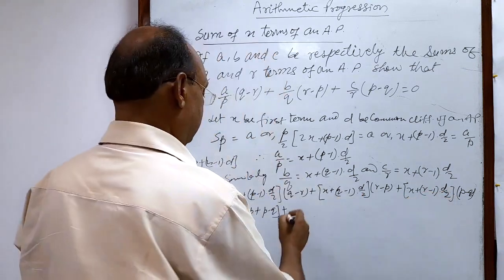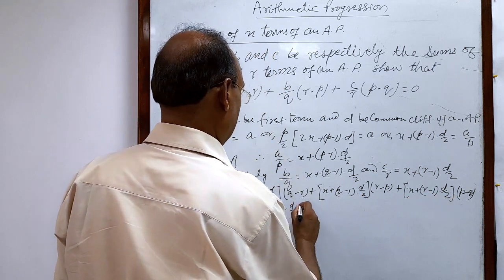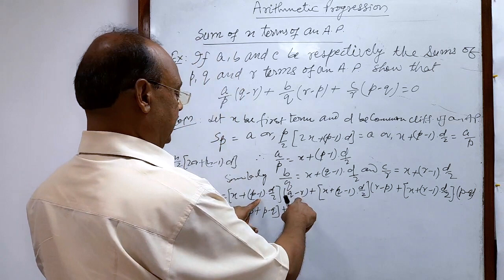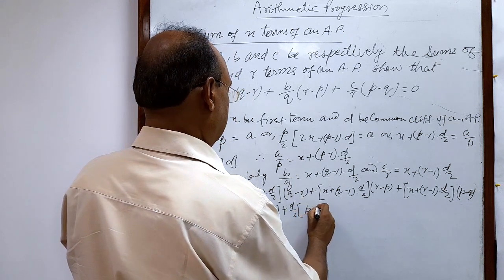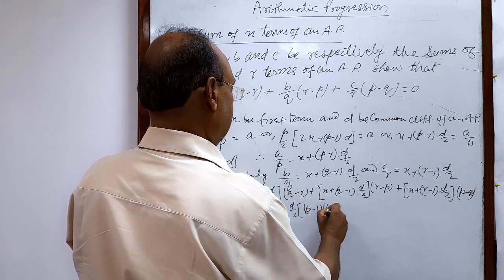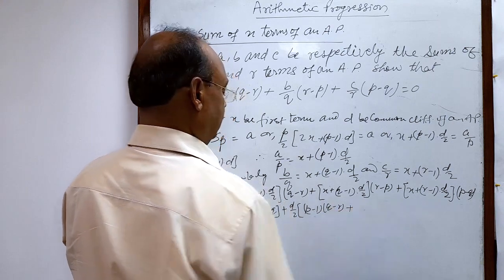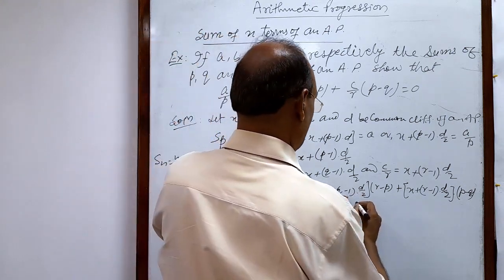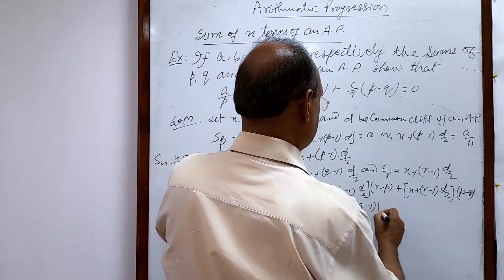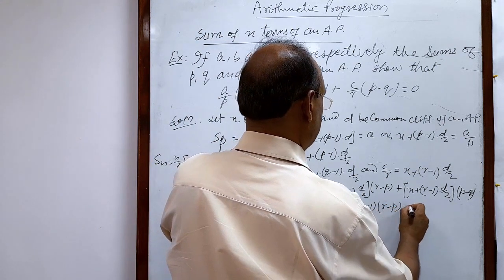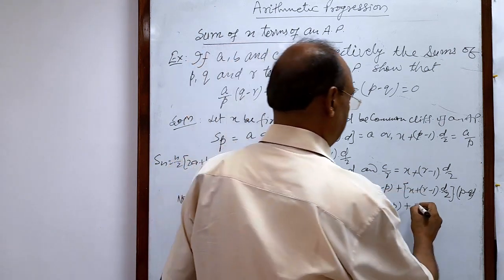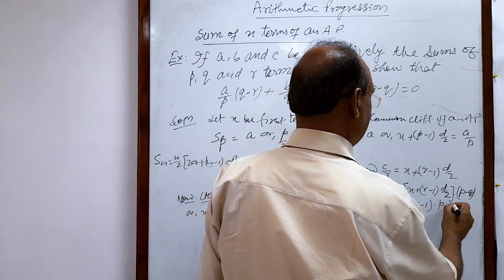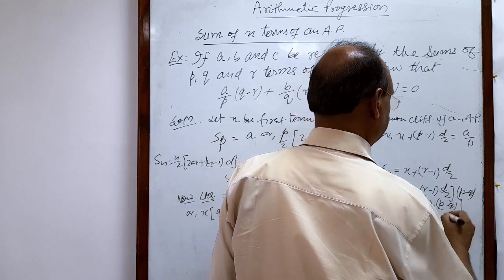So we can take d/2 common, and after multiplying these two factors we will get here (p minus 1) into (q minus r). Similarly, d/2 is already common here, so from here we can write (q minus 1) into (r minus p), and from here you will get (r minus 1) into (p minus q), okay?